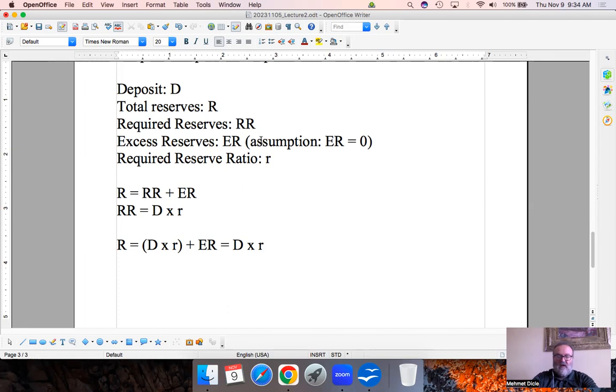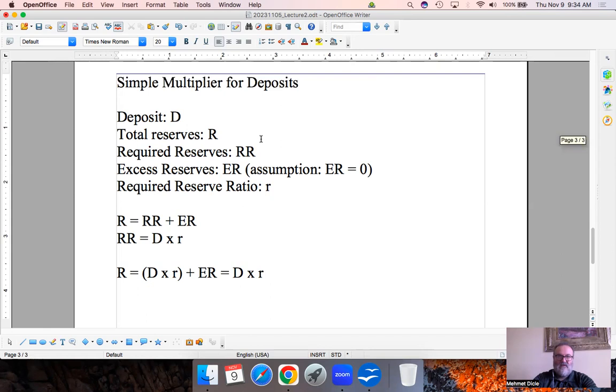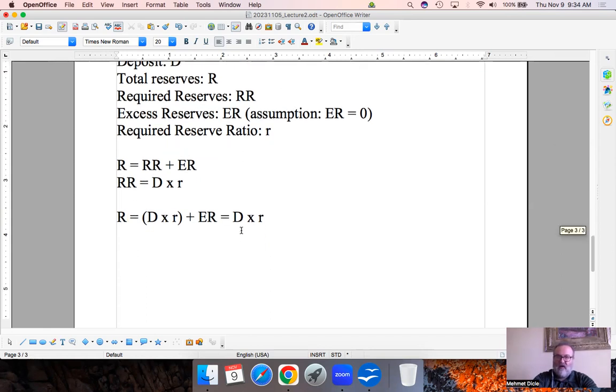So then I need the deposits because we are trying to derive a multiplier for deposits. Then I'll take the r to the other side, which will make it so that the deposits are R over r, right?